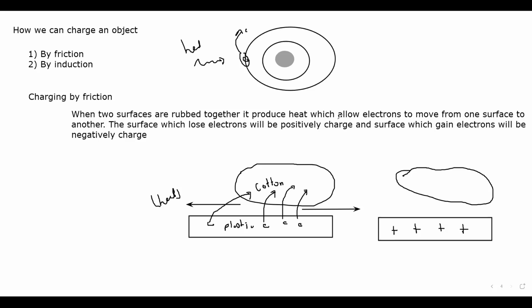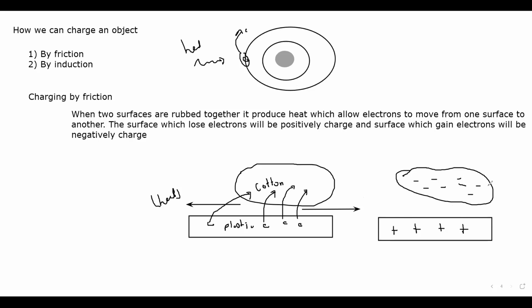If there is greater attraction, it will be difficult to remove the electron. If the attraction is weaker, this process will work effectively. So when you rub, the plastic will lose electrons and its net charge will be positive, and the cotton gains electrons. So what will be the net charge on the cotton? The net charge will be negative.